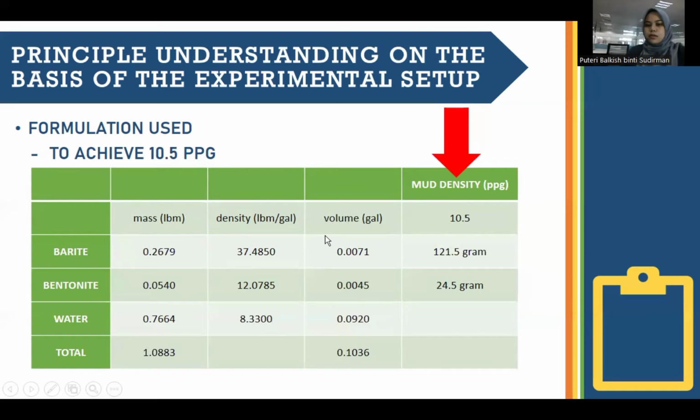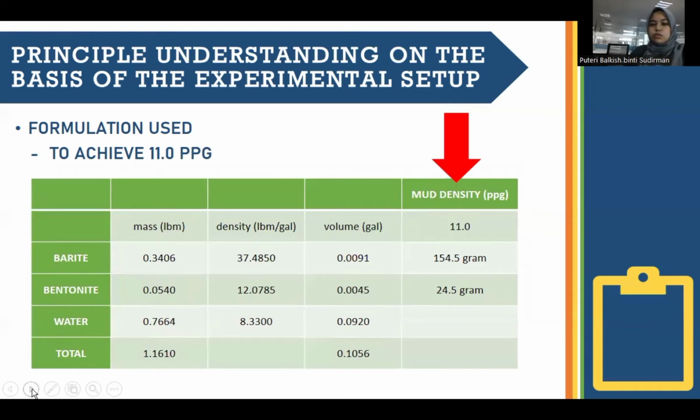The volume for barite will be 0.071 gallon, bentonite will be 0.045 gallon, water will be 0.092 gallon. The total volume will be 0.1036. So if the mud density is 10.5 ppg, barite will be 1 to 1.5 gram, the bentonite will be 24.5 gram.